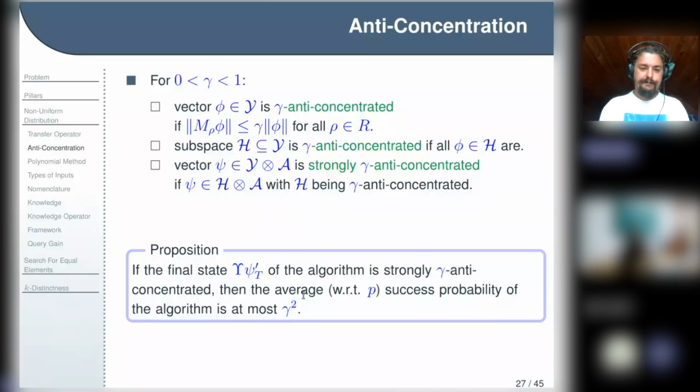So if it is smeared over all possible outputs, then the algorithm cannot guess the correct output, so it cannot output anything reasonable. Actually, it's quite easy to prove this proposition, but I will not go into that.